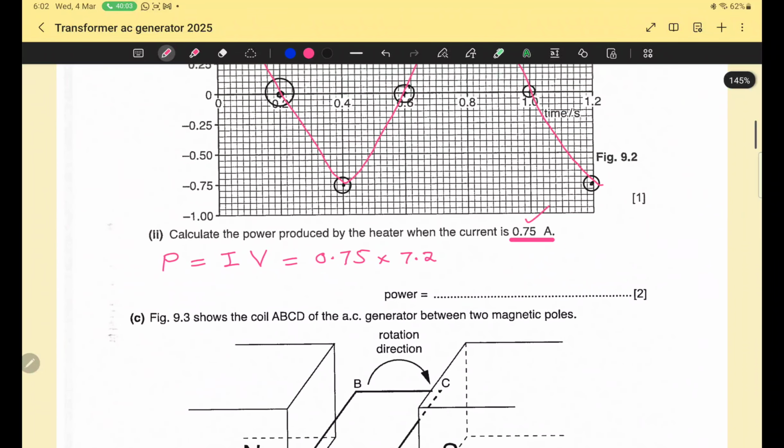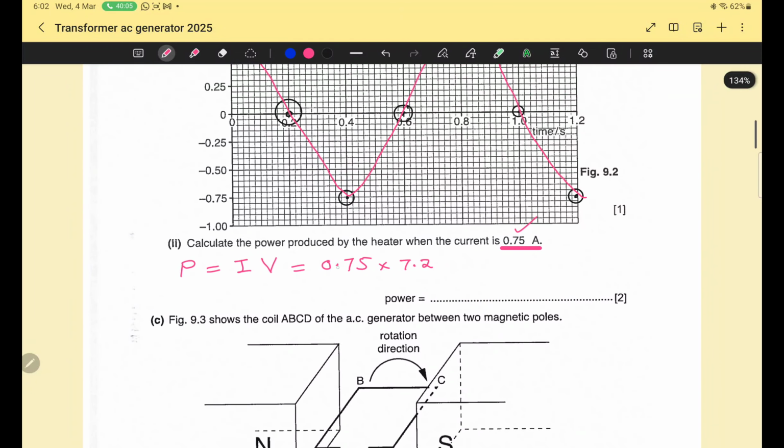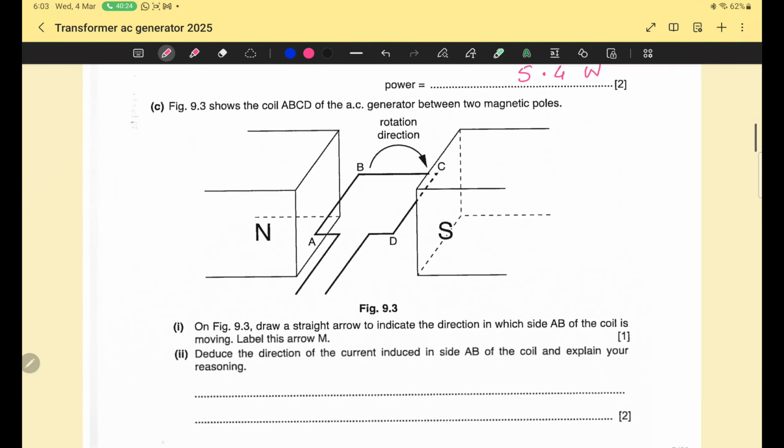So if you multiply 7.2 with 0.75, then beta, what is power? Nevia, what is power? Electrical power is the product of these, 5.4. And the unit is watts.